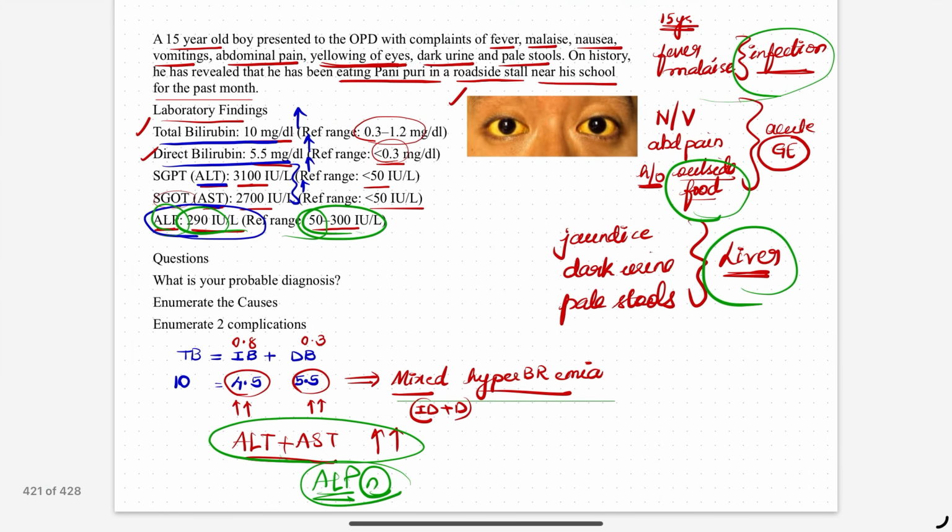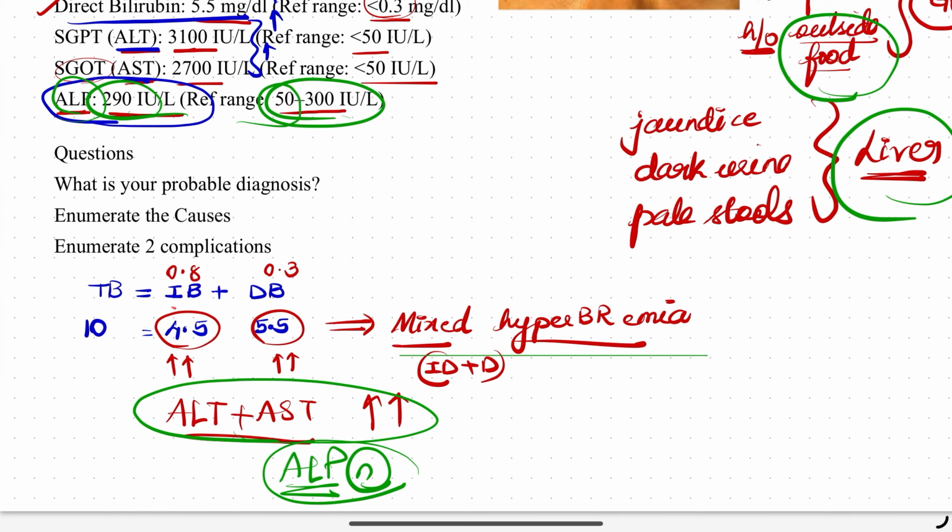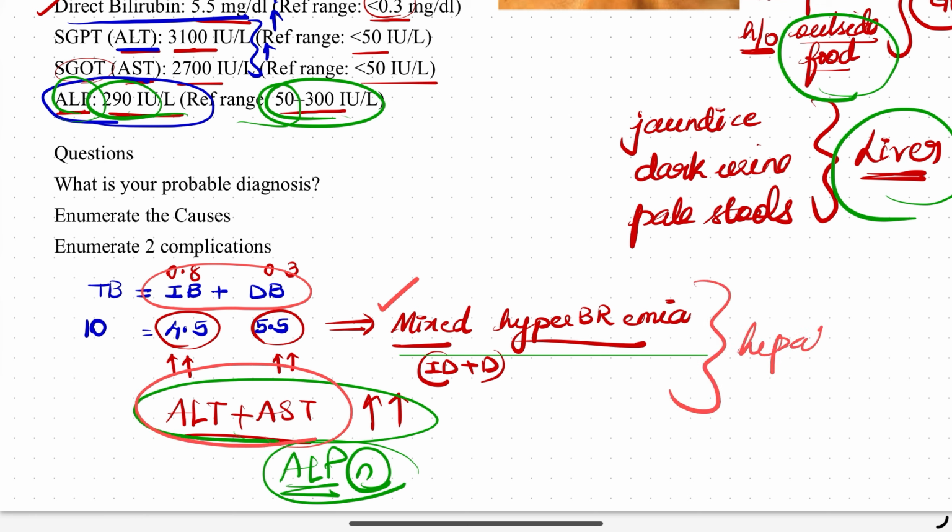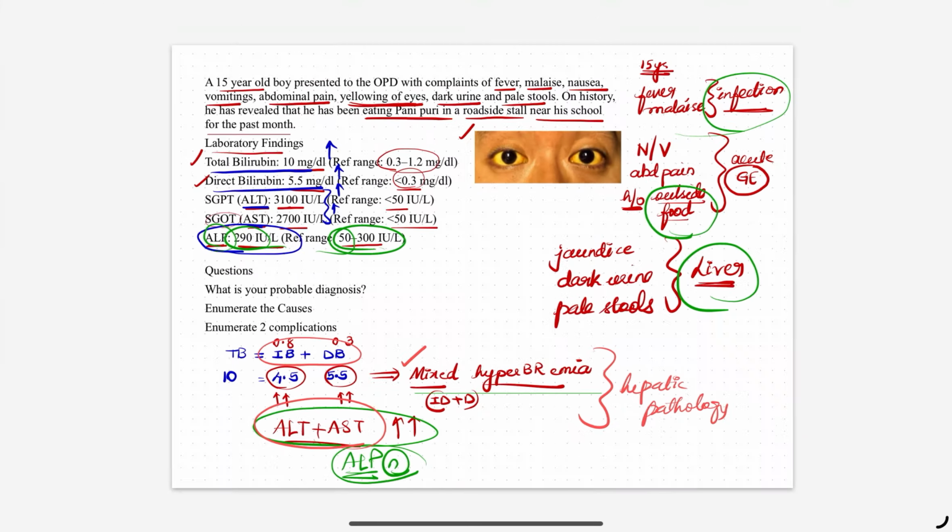So coming back to our case, both direct and indirect are raised. So it has a mixed hyperbilirubinemia pattern and transaminases are raised. Both confirm hepatic pathology. Alkaline phosphatase is normal, so gallbladder post-hepatic causes are ruled out.